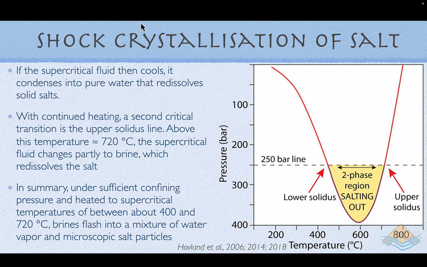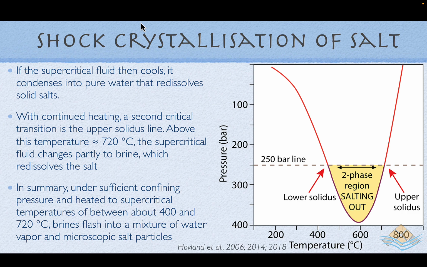So above a temperature of around 720 degrees centigrade, the supercritical fluid changes its phase state once again, and changes partly to brine, which can then redissolve the salt. So there is a Goldilocks field between around 375 to 400 degrees and 700 degrees, where we can have mass crystallization of the ionic species which were in solution.